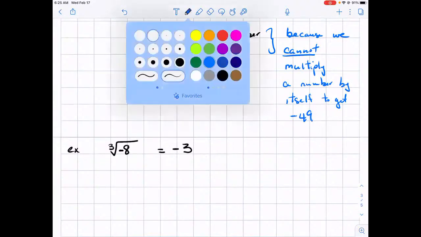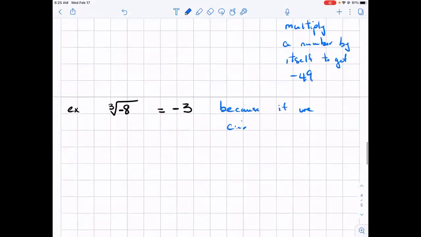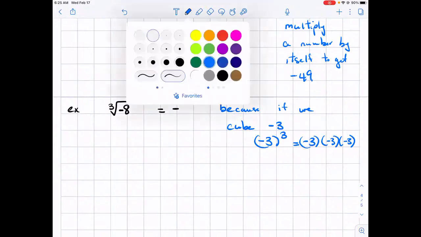And the reason is because if we cube negative 3, meaning negative 3 cubed, this becomes negative 3 times negative 3 times negative 3.